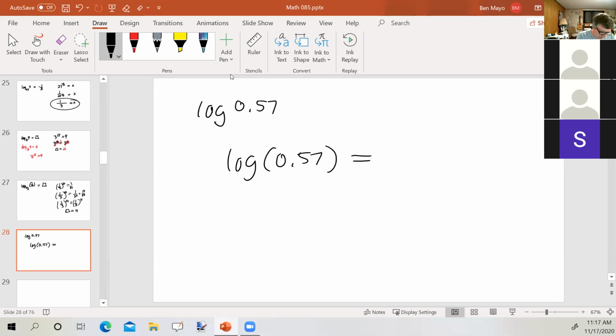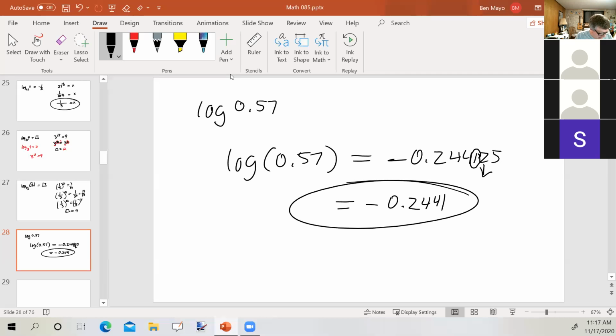And I get negative 0.244125, etc. It said round to 4 decimal places, which would be the 1. The 2 would round down, so negative 0.2441 would be the correct answer. You okay with that?